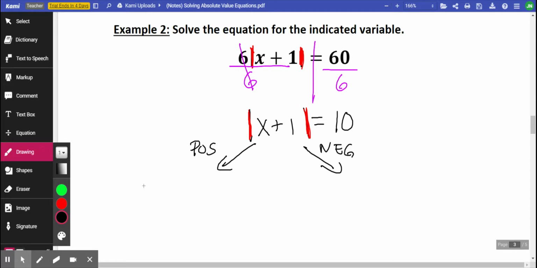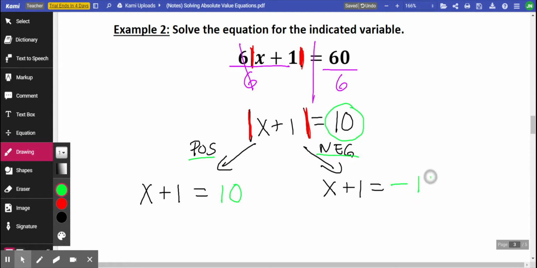Again, I'm not messing with the inside, so I'm going to leave this as x plus 1, but I'm going to set this equal to the positive version of 10. And I'm also going to set the equation x plus 1, I don't mess with the inside at all, equal to the negative version of 10, which is negative 10. Then I have to solve each one, and then you have your 2 answers to the absolute value equation.